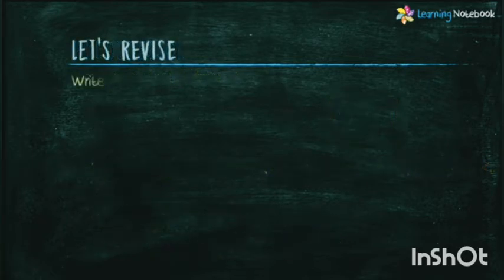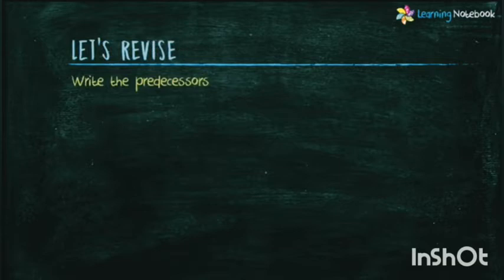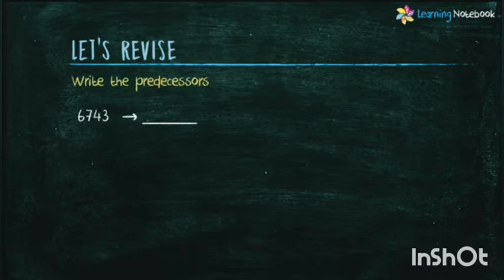Let's revise this one. Write the predecessor in the following examples. Here 6743, the predecessor number is 6742.